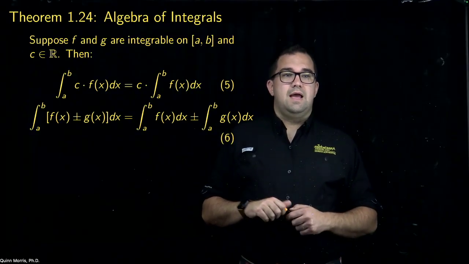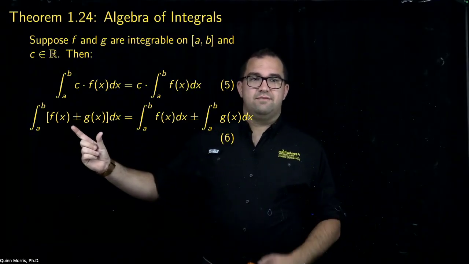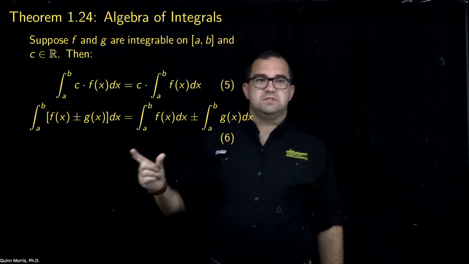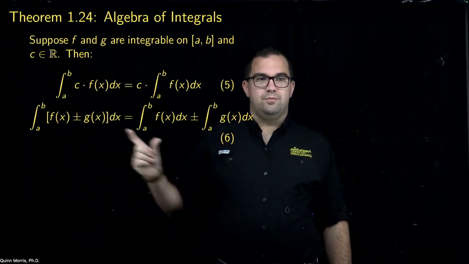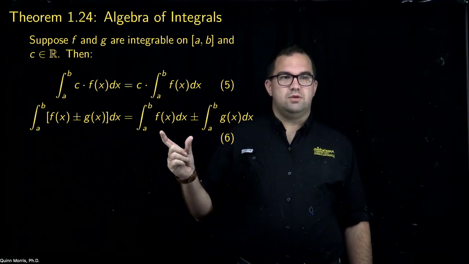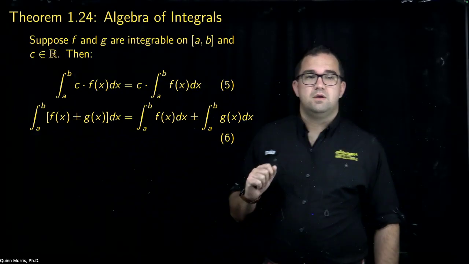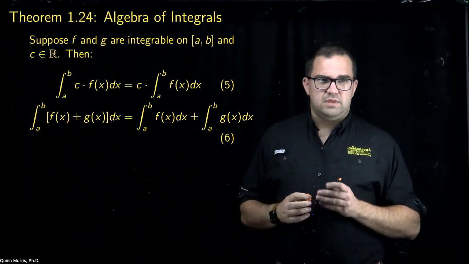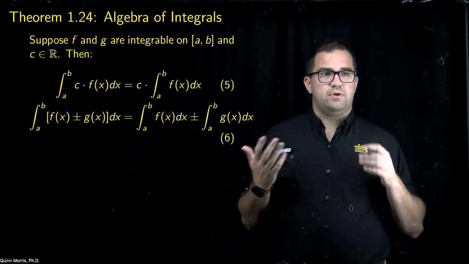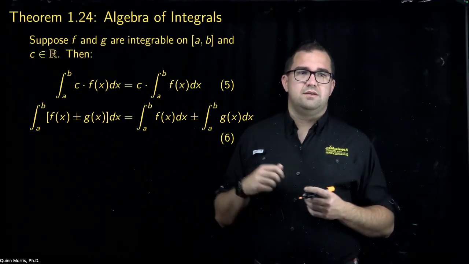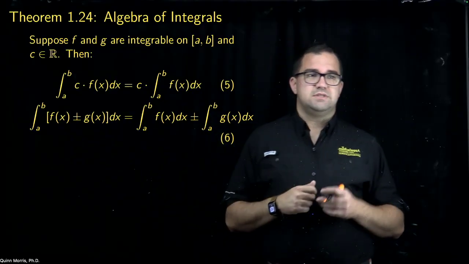And if you had the integral of a sum or difference of two integrable functions, then you could break the integral up over the sum or the difference. So these are fairly basic properties: you pull out a constant, and you can break it up over sums or differences.